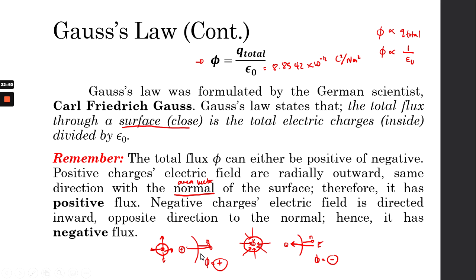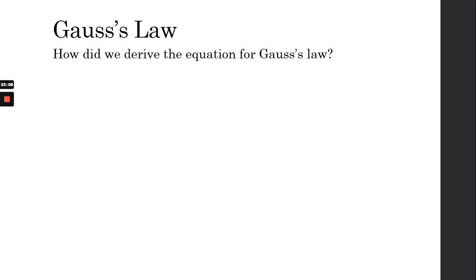One way to remember this quickly is positive charge, you would have positive electric flux. Negative charge, you'll end up having negative flux. And again, this is only true for an enclosed surface, okay? Because for Gauss's law, we only use this for an enclosed surface.